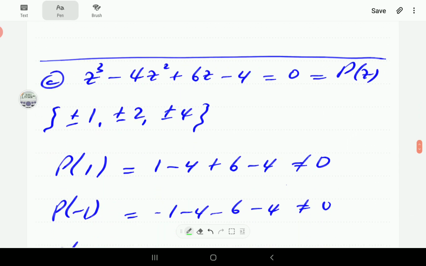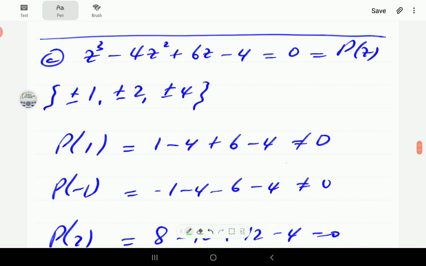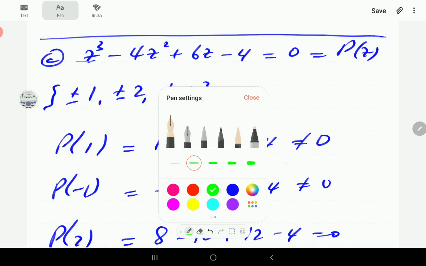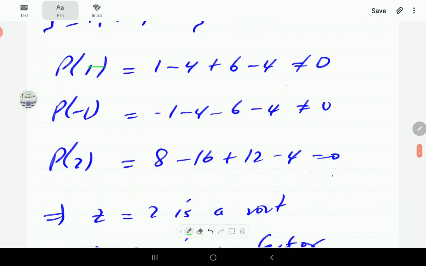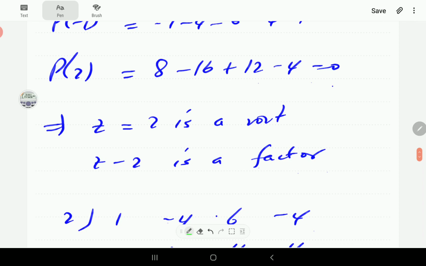All right. So in C, by the rational root theorem, since the leading coefficient is 1, the possible rational roots are just factors of 4. Trying them out here, we find that 2 is a root, and so z minus 2 is a factor.